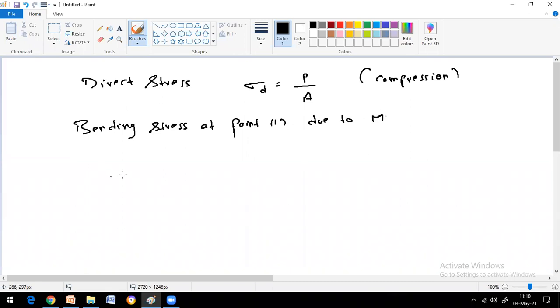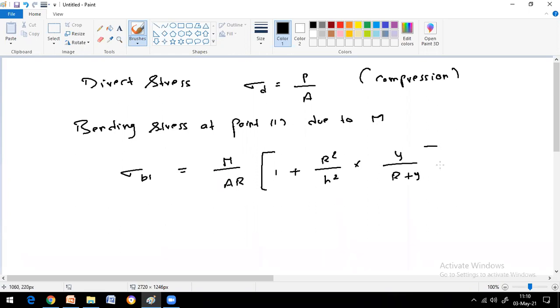Due to moment, sigma b1 is equal to M by A R of 1 plus R square by h square into y by r plus y. This is the bending equation for tension, where it is subjected to tension.